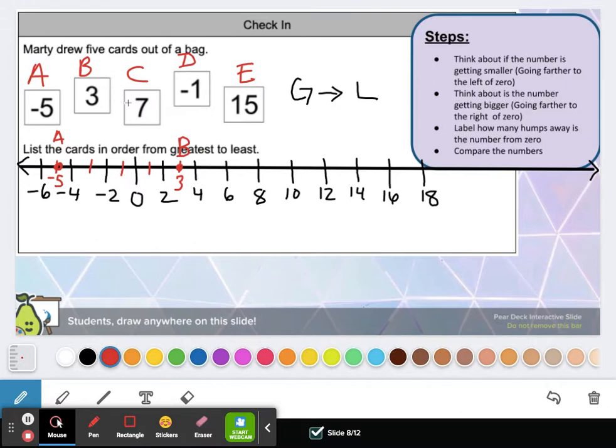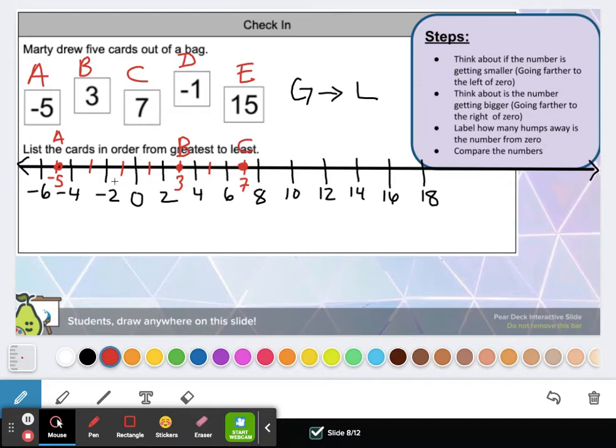Okay. Now C is +7, so I'm going to go back to 0. So this is 1, 2, 3, 4, 5, 6, 7. So 7's right here. I'm going to circle it, and I'm going to write 7. Okay. And then this is my letter C. Okay. My -1 is going to go to the left of the number line.